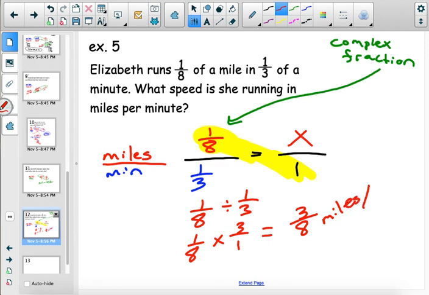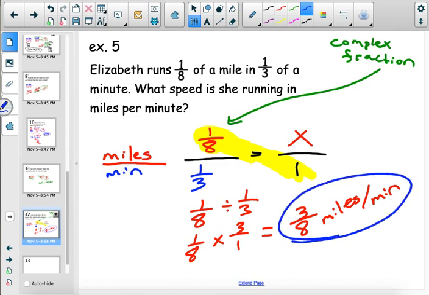I think that might be unrealistic. That would be like world class speed. This is not realistic. But you know what? At least the math is good.